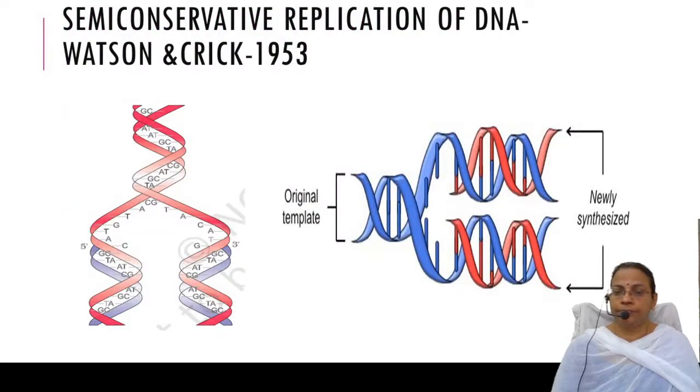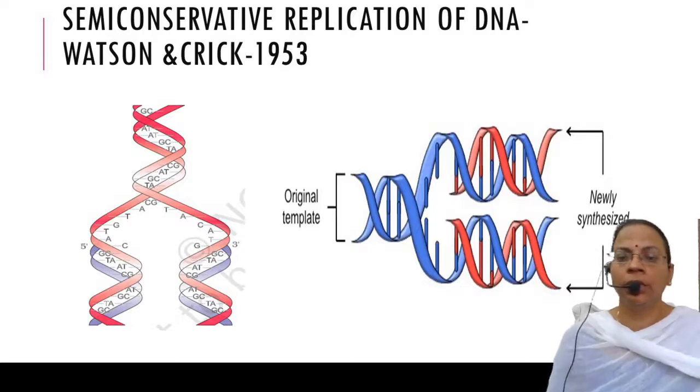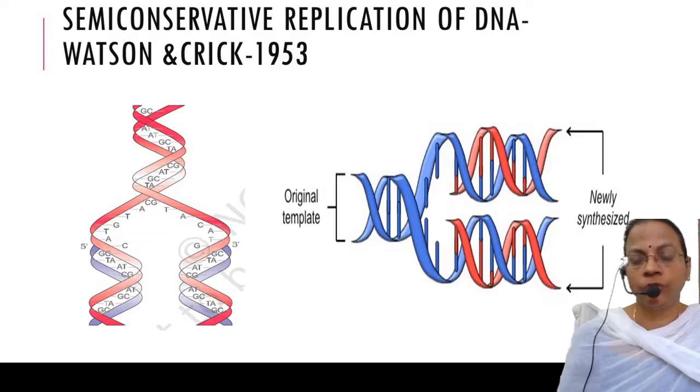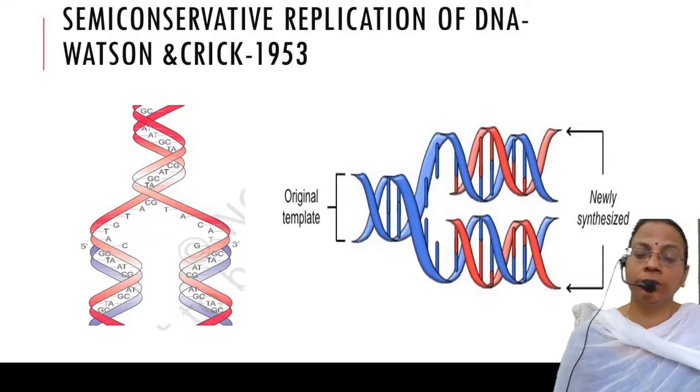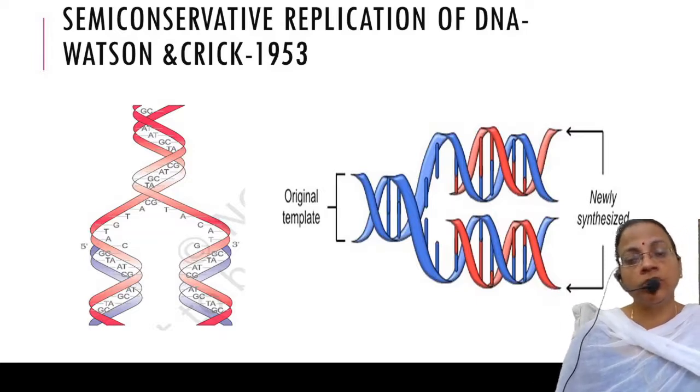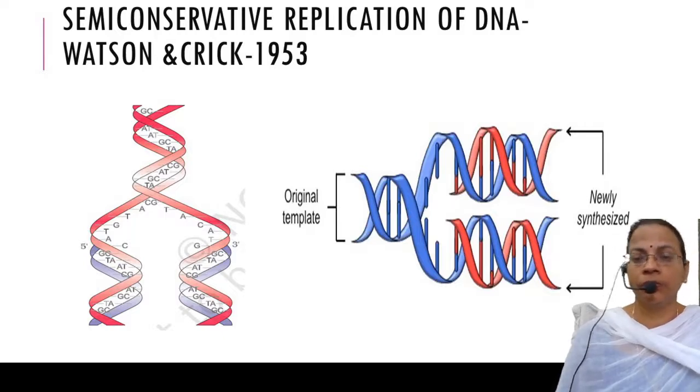Then later, the scientists inquired about how the DNA is replicating. When the cell is dividing into two, how is the exact number of DNA maintained? In a human cell there are 46 chromosomes. When the cell divides into two, each daughter cell gets the exact number of DNA or chromosomes.